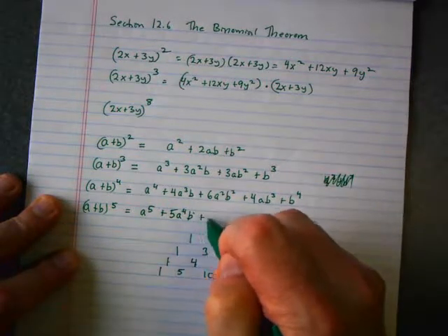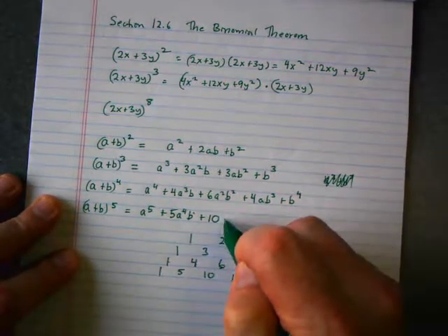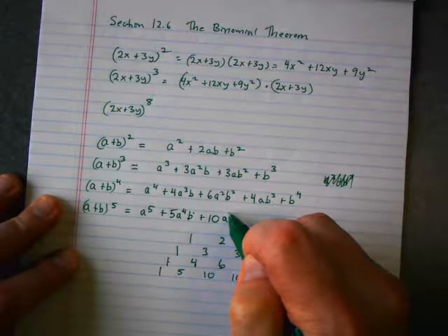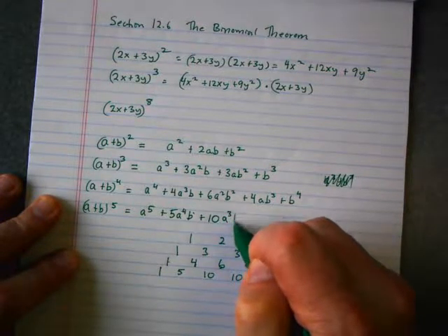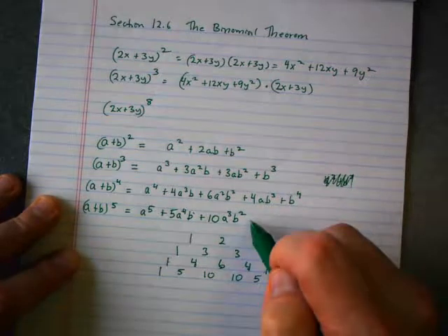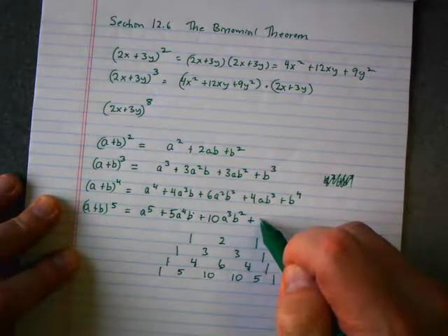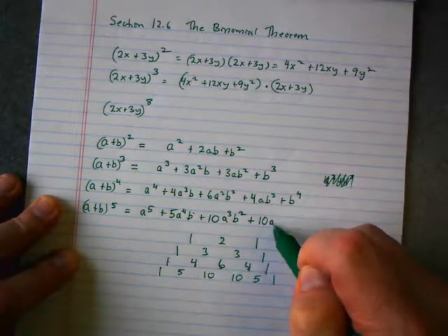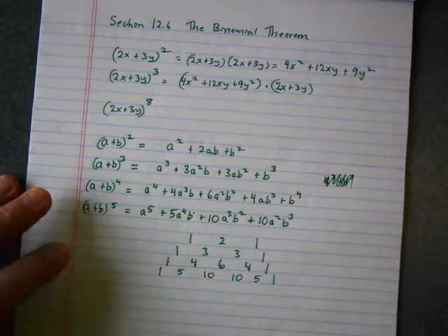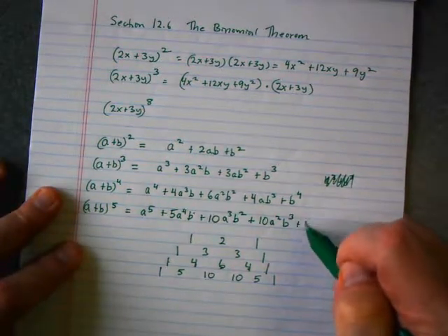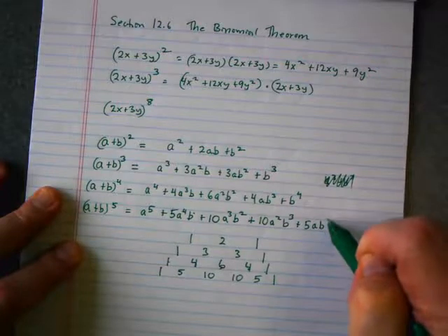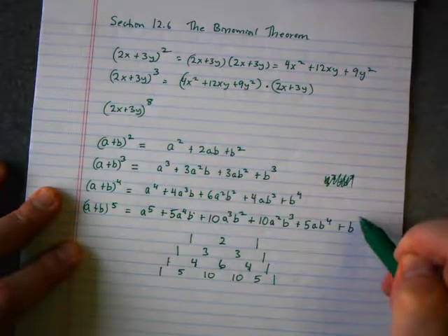The next one's going to be 10a to the 3rd b squared. And then the next one would be 10a squared b cubed. 5ab to the 4th. And then finally b to the 5th on the end.